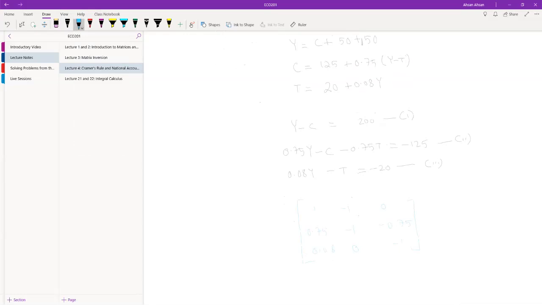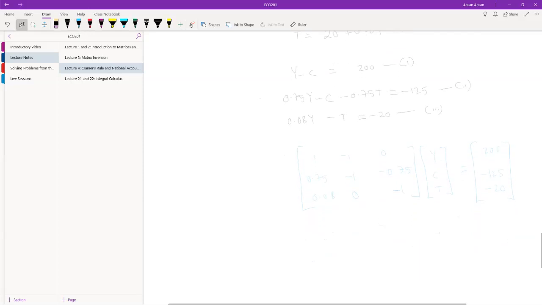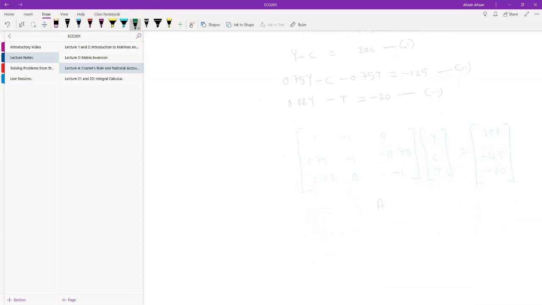This is the coefficient matrix, multiplied by the variable matrix of Y, C, T. And this whole thing is equal to 200, minus 125, and minus 20. I think some of you may be struggling to see this color, so I'll just use a darker color, suppose green. Yeah, this is probably better. So as always, this is the coefficient matrix, this is the variable matrix, and this is the constant matrix or matrix of the parameters.